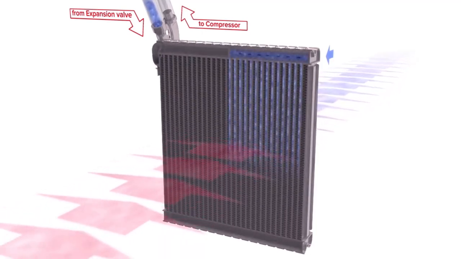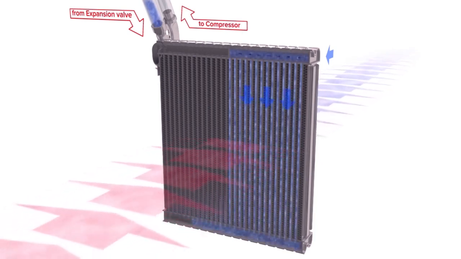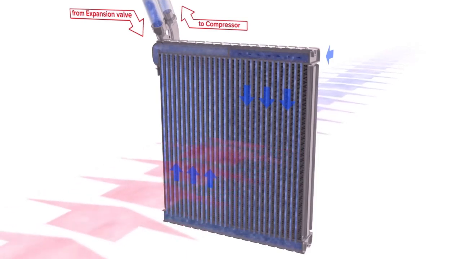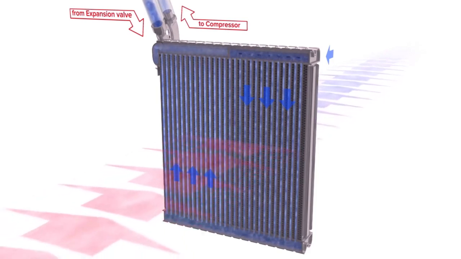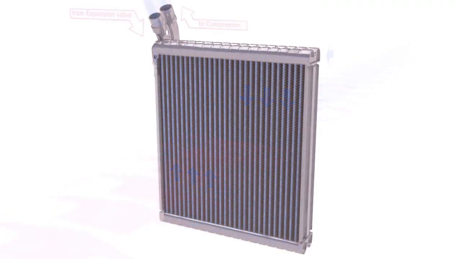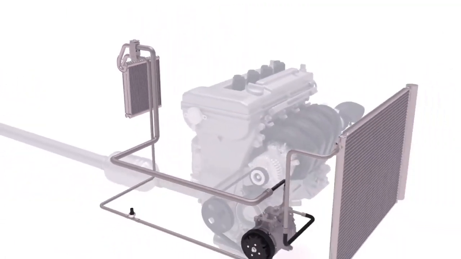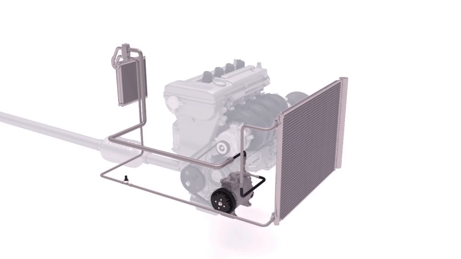And at the exact moment that the refrigerant absorbs this heat, it vaporizes and changes back to a gas. This superheated gaseous refrigerant then flows from the evaporator and back to the compressor, where the whole process starts again. We call this whole process the refrigerant cycle.